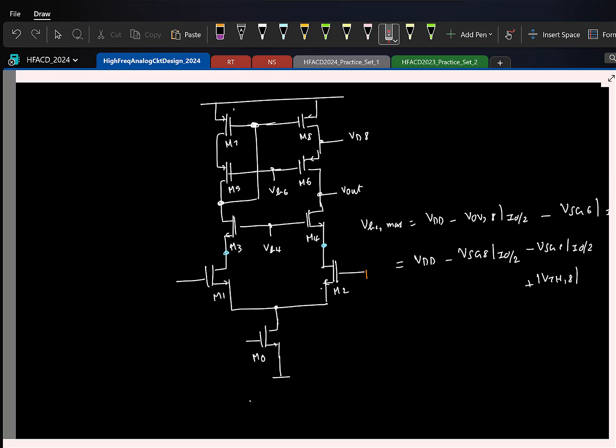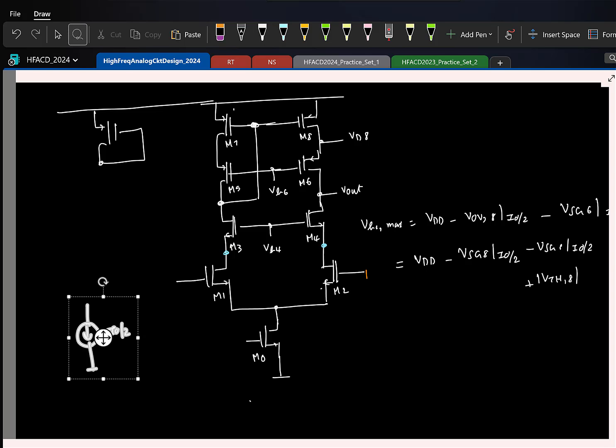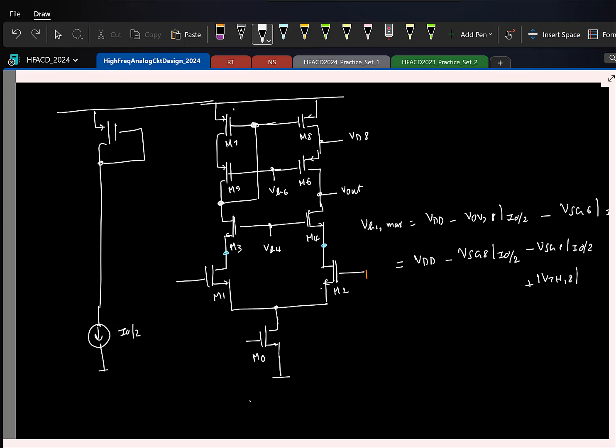Let's start with a simpler thing. Let's say I want to get this voltage first. How can I get it? VDD minus source to gate of M8 at a current I0 by 2. Yeah, looks like that's a simple thing. So let's say I have a reference current of I0 by 2. I can take a replica of the transistor M8. Keep the current source straight and connect. I call it M8 prime, copy of M8. So this will generate this voltage.